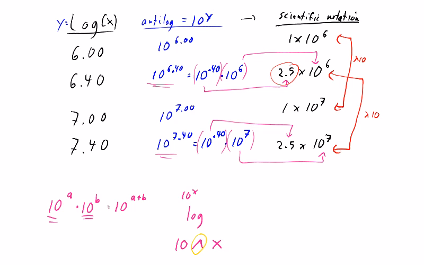So the numerical part of the scientific notation was exactly the same, and the exponent went up by exactly 1. So if I were to tell you, we know that 10 to the 6.4 is 2.5 times 10 to the 6th. 10 to the 7.4 is 2.5 times 10 to the 7th.